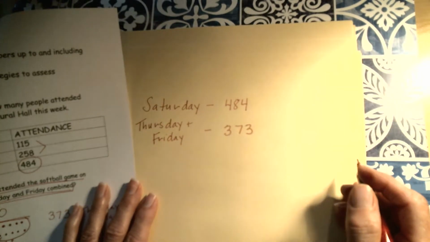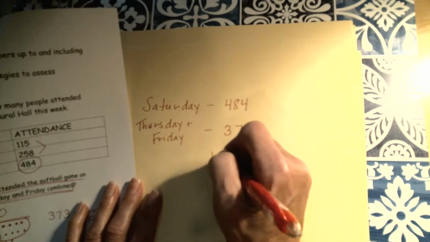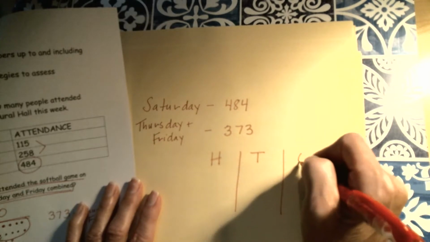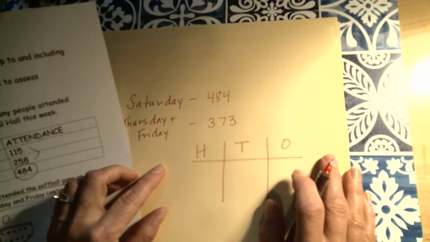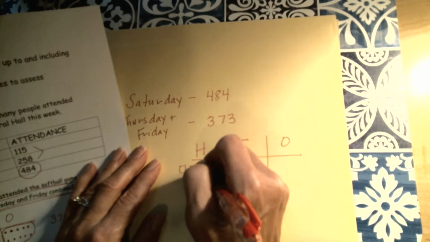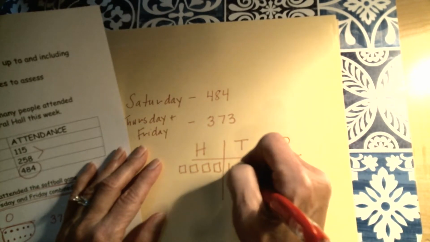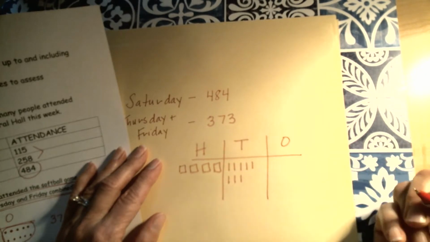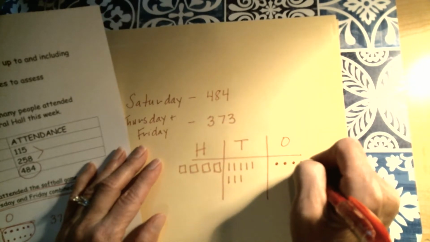So to subtract, I can do the same thing I did. I can make a place value chart. And I'm going to put my 484 in the place value chart. There's 4 hundreds. 1, 2, 3, 4, 5, 6, 7, 8 tens. 1, 2, 3, 4 ones.